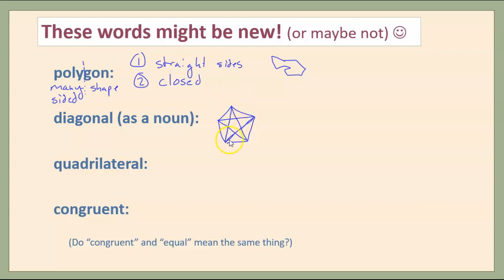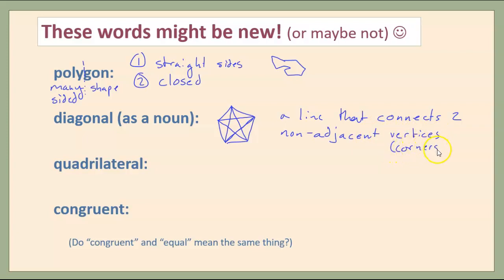Diagonals only go between corners or vertices that are not right after each other. So the way we write that is a line that connects two non-adjacent, that means not right next to each other, non-adjacent vertices. Vertices was another name for corners of a polygon.